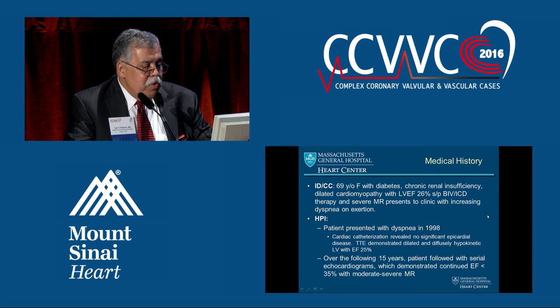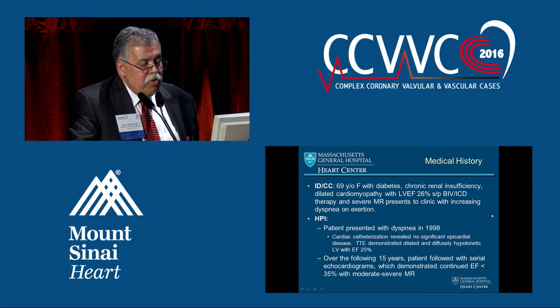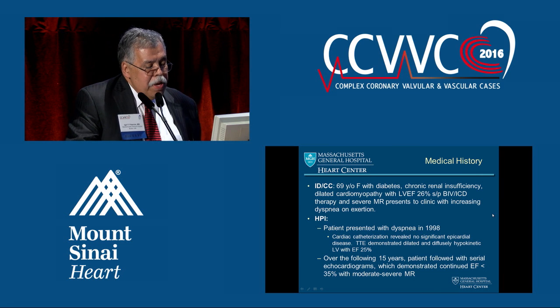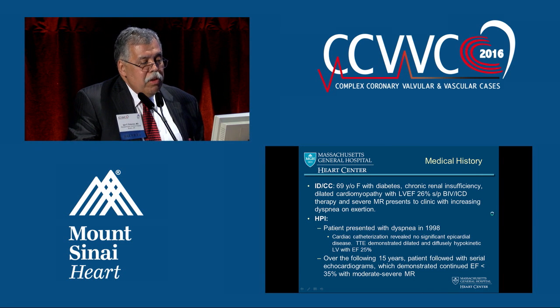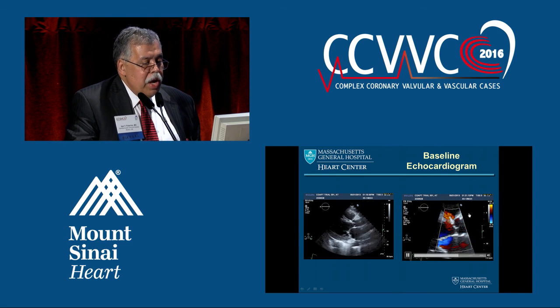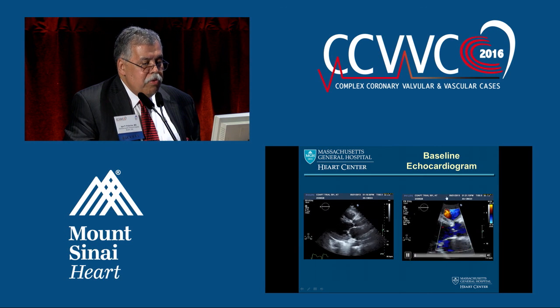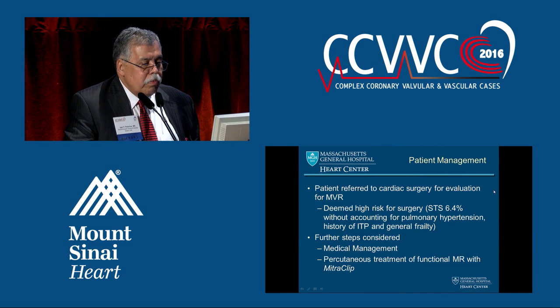The patient presents with severe shortness of breath. She has been subject to all kinds of escalating medication, including the use of biventricular pacing, and continues to have limitation from heart failure. The surgical group decided it was too high risk to do an operation. You can see here a 2D echo showing the severity of mitral regurgitation in this patient.